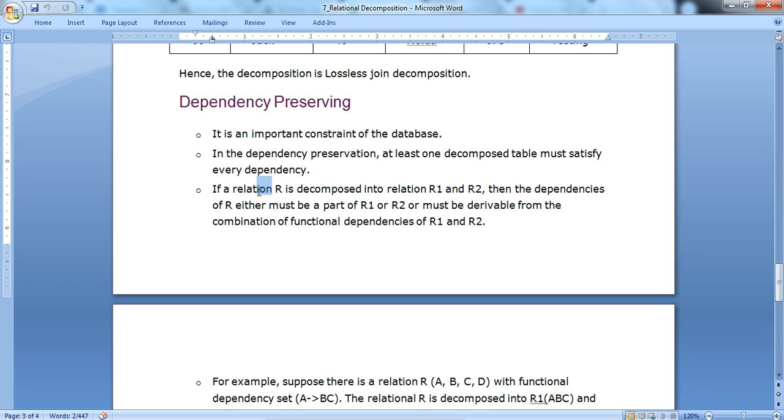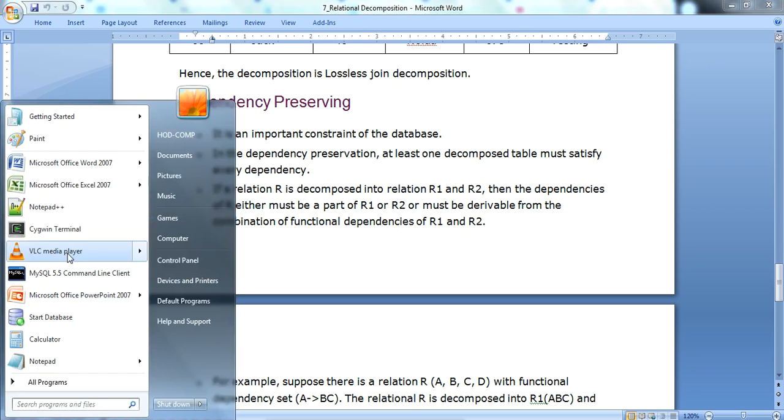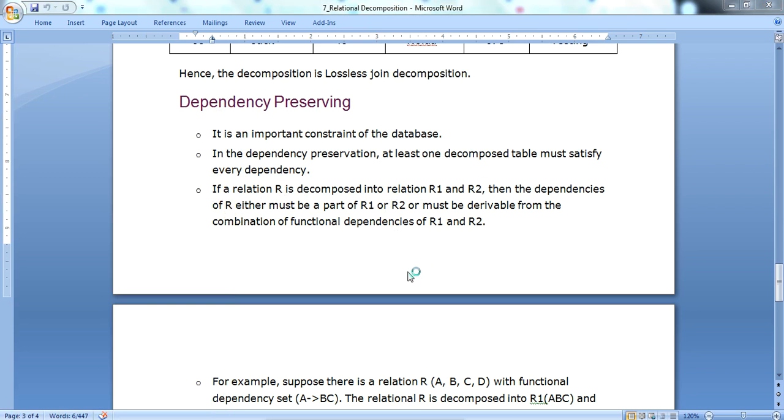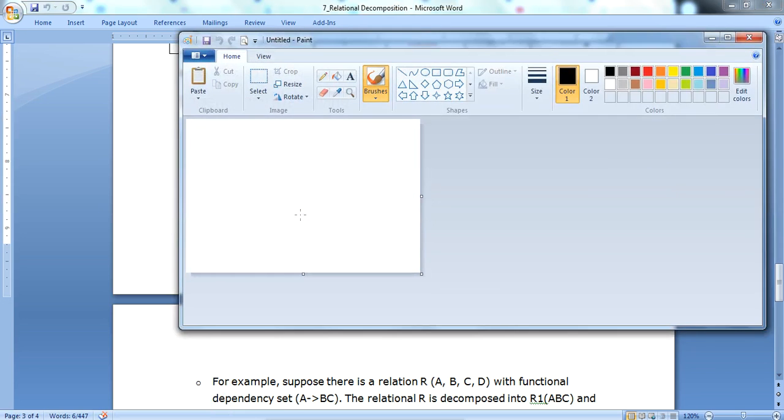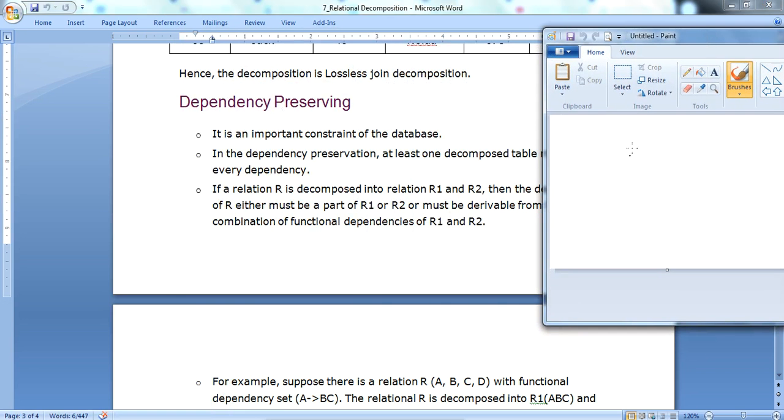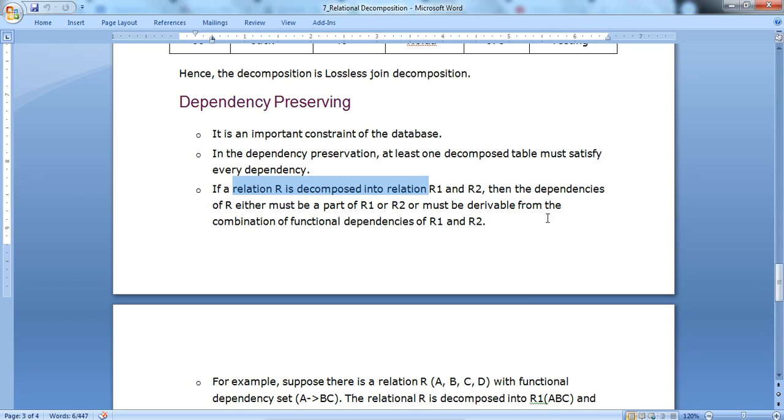If a relation R is decomposed into R1 and R2, then R either must be a part of R1 or R2, or be derived from the combination of the functional dependencies of R1 and R2.